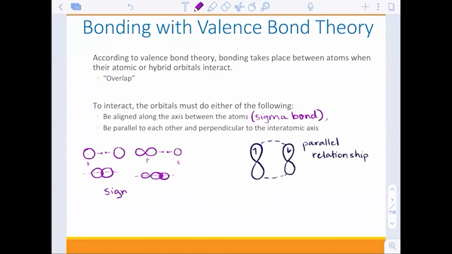Sigma is also abbreviated with the Greek symbol sigma. The parallel relationship is going to be called a pi bond. It's abbreviated again, pi, just like the Greek symbol pi. We'll start to look at these orbitals and see how they come into play and be able to recognize them once we start drawing our 3D shapes again.